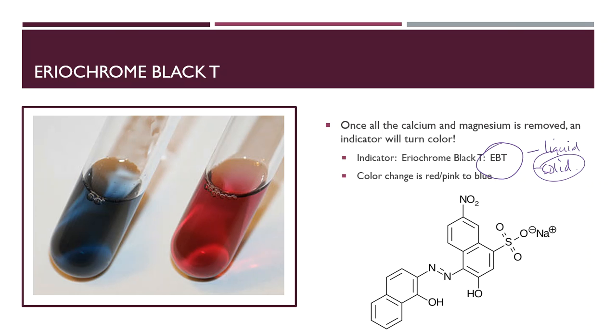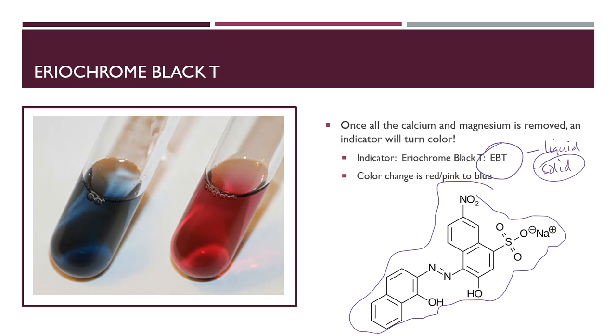And this indicator is going to turn color, like most indicators do. Eriochrome Black T, goodness gracious, looks like this down here at the very bottom. I do not, of course, want you to memorize that structure. That is silly. But what you do need to know is that that structure will change colors depending on what goes on.